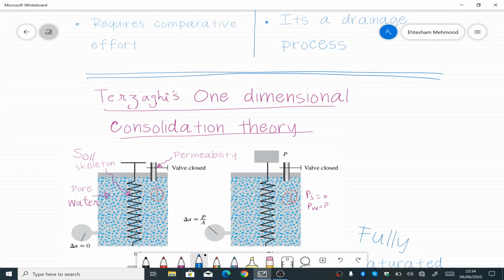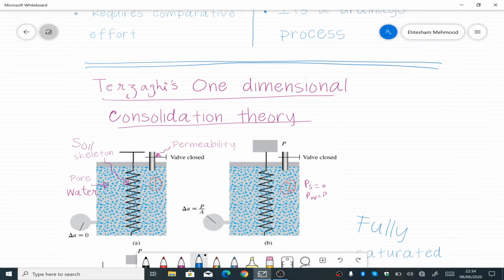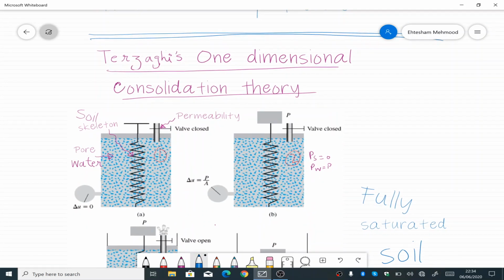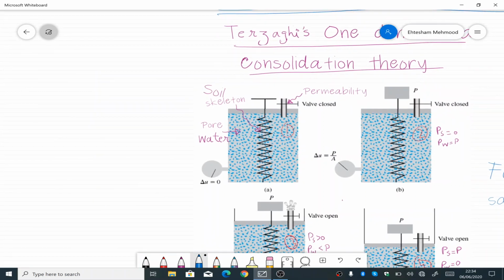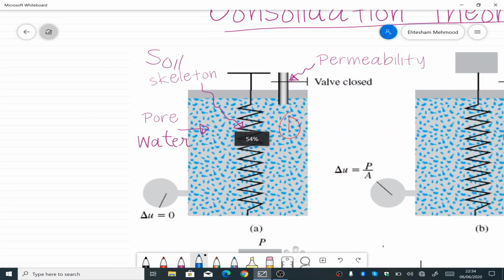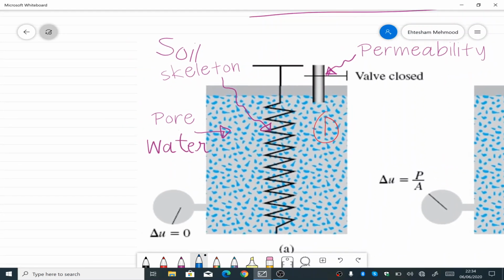Now we discuss Terzaghi's one-dimensional consolidation theory, also called the spring model or spring cylinder model. To explain this, we will have a look at this picture.